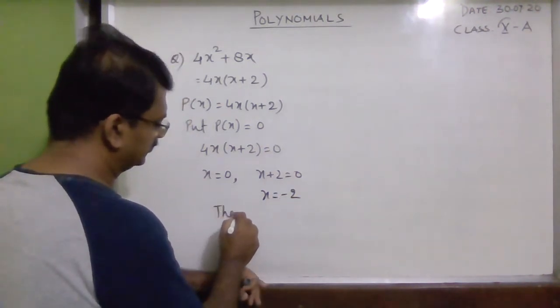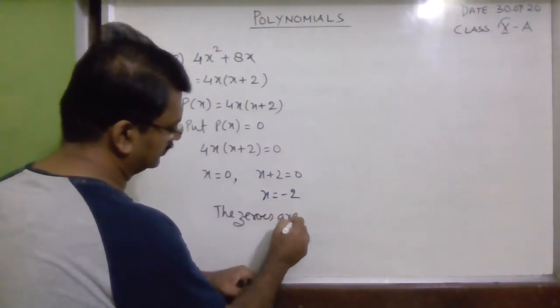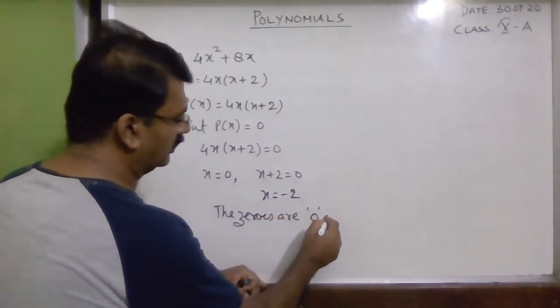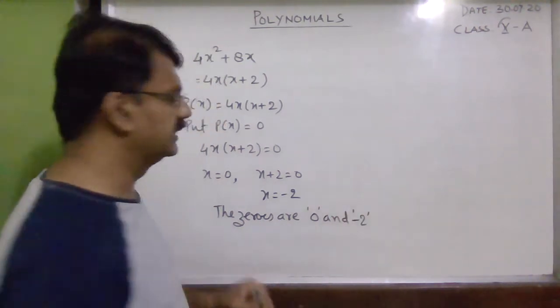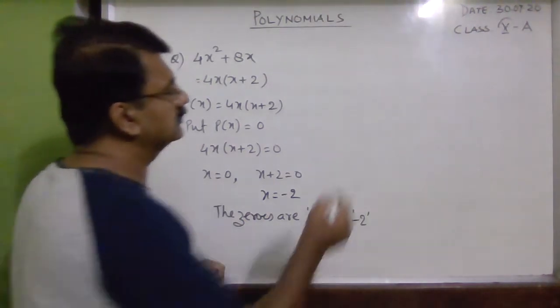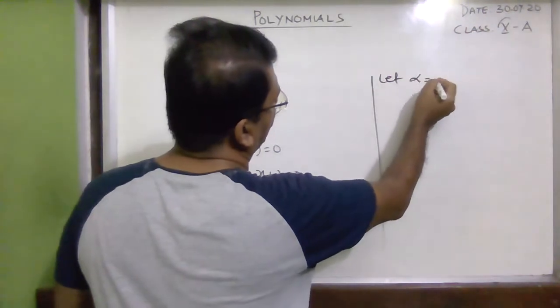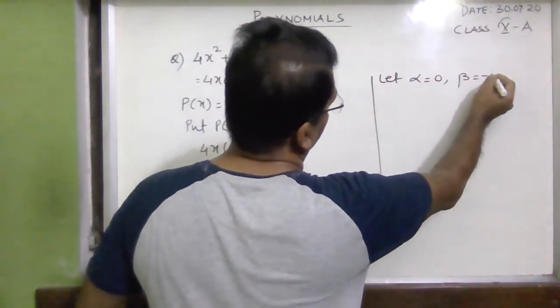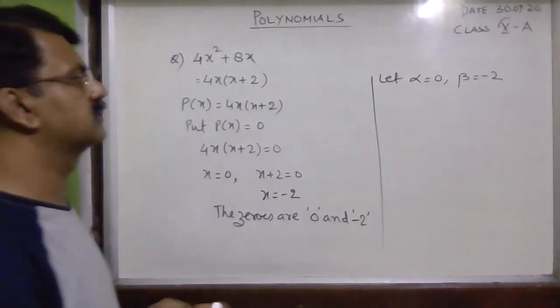The zeros are 0 and minus 2. The zeros are 0 and minus 2. Now let alpha is equal to 0 and beta is equal to minus 2.